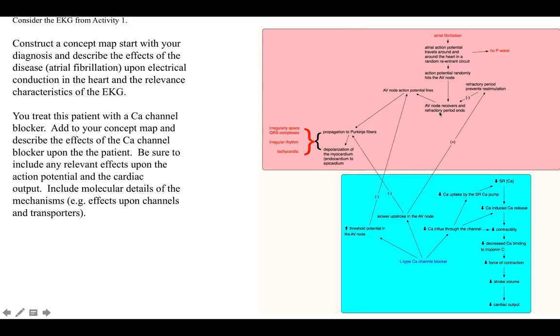Because that happens, you get random propagation to the ventricle, and you get irregularly spaced QRSs and an irregular rhythm. And you get tachycardia because even though it's randomly hitting the AV node, it's doing that still relatively rapidly, and so you're getting a relatively rapid heart rate. Okay?